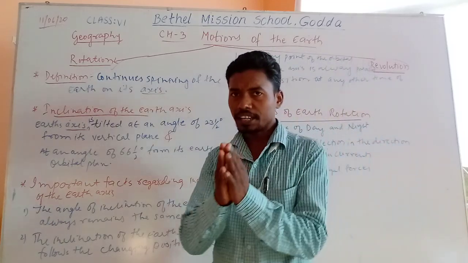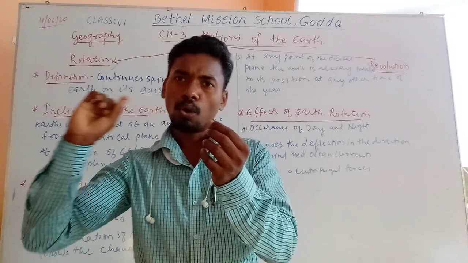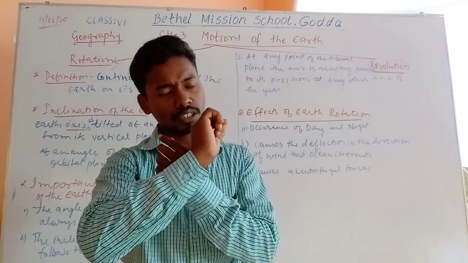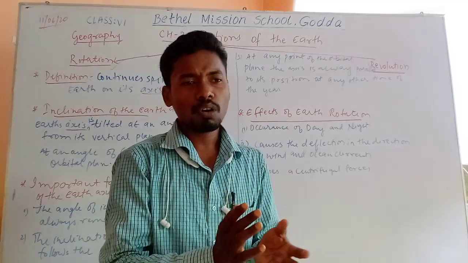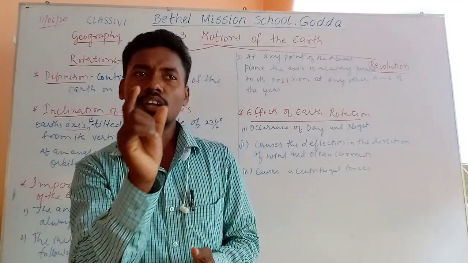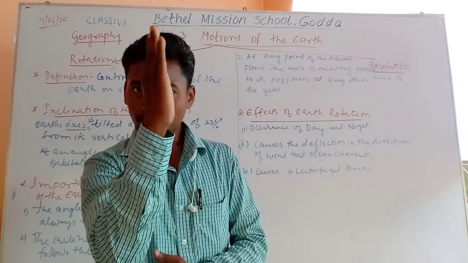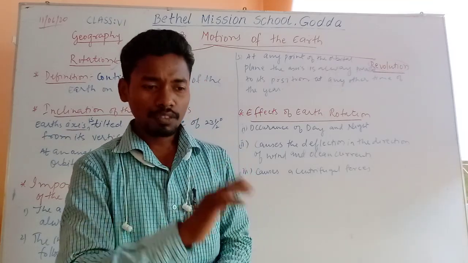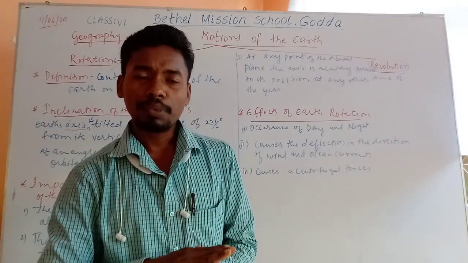If it is inclined to the vertical at 23.5 degrees, it stays so the whole year it rotates, from the starting of the Earth till now, and in the future also, the angle of inclination will be 23.5 degrees from the vertical, or 66.5 degrees from the orbital plane.